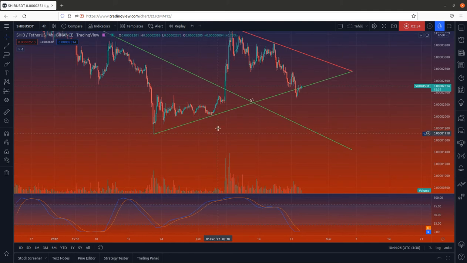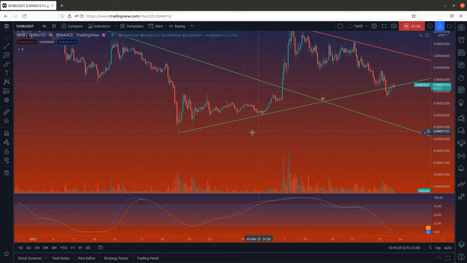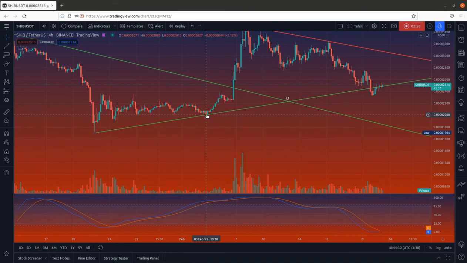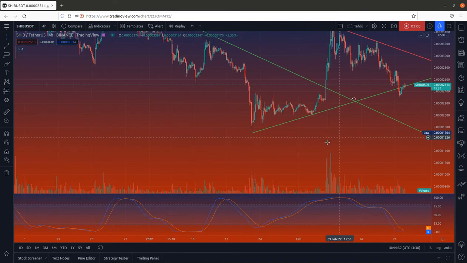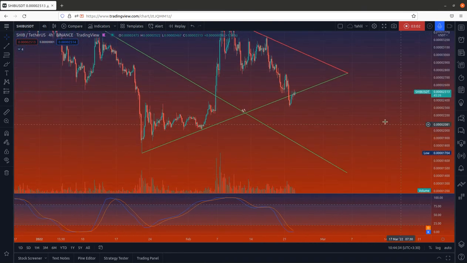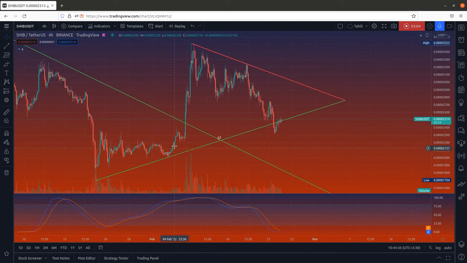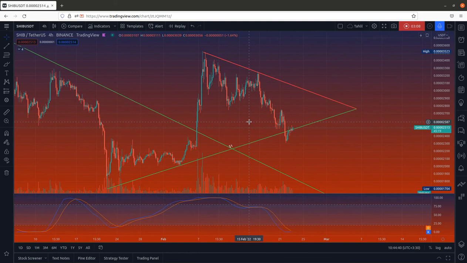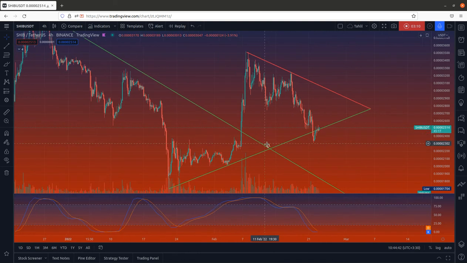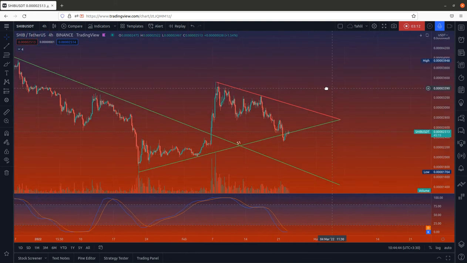It came down to this line in this area, was rejected immediately, made one bearish candle, and after that a bullish candle, and it came back up to this resistance line. And eventually this resistance was also broken.